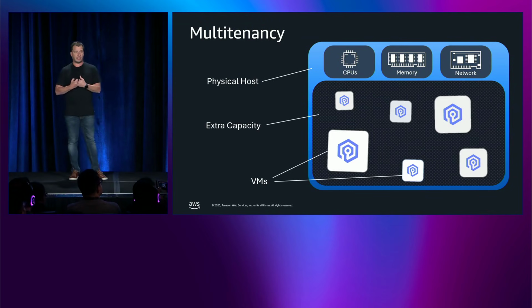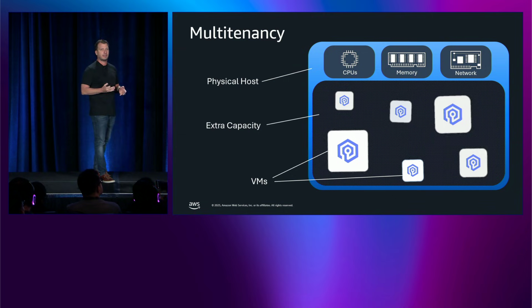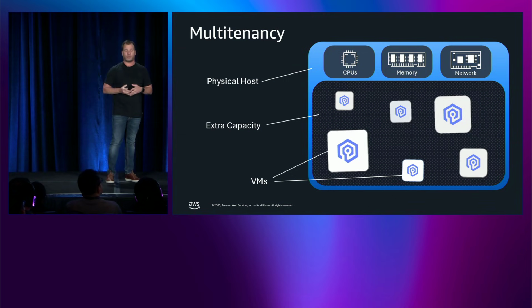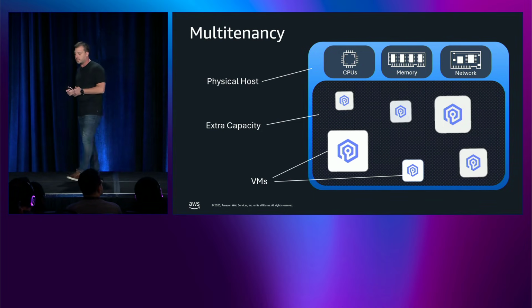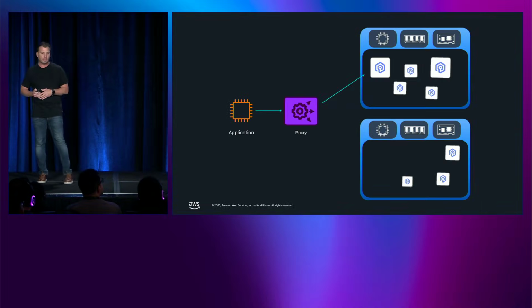Our job as a serverless is to make sure that you have enough extra capacity to run your workload. I mentioned that the heat management process runs and consolidates all the physical host status across our fleet.